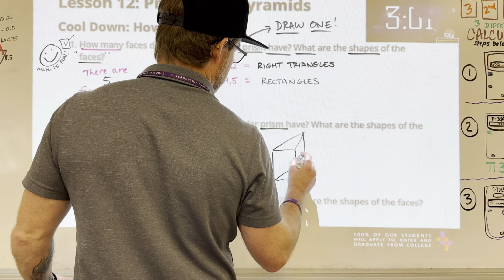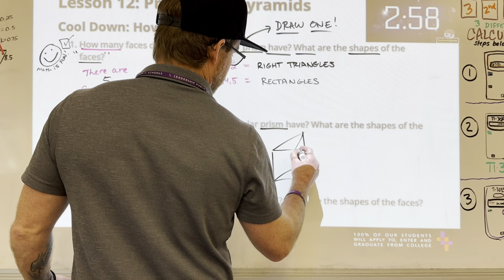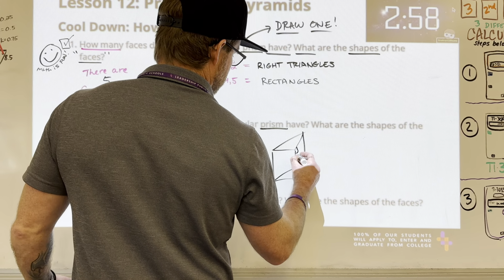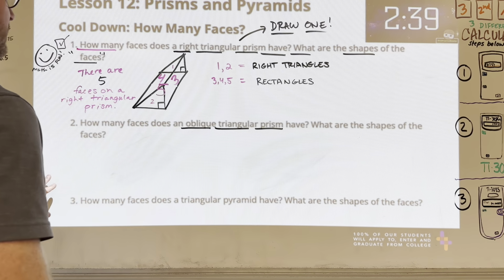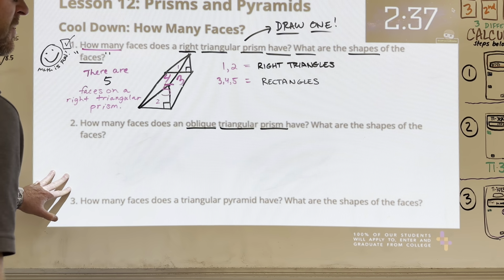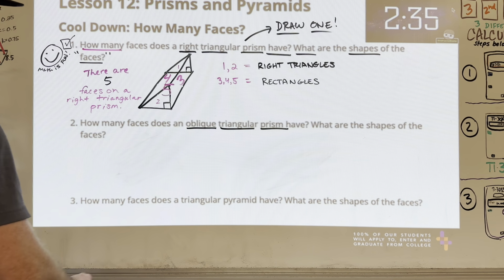Here's the difference. The angles are a little bit different. So that's what an oblique triangular prism is. So, how many faces does it have?